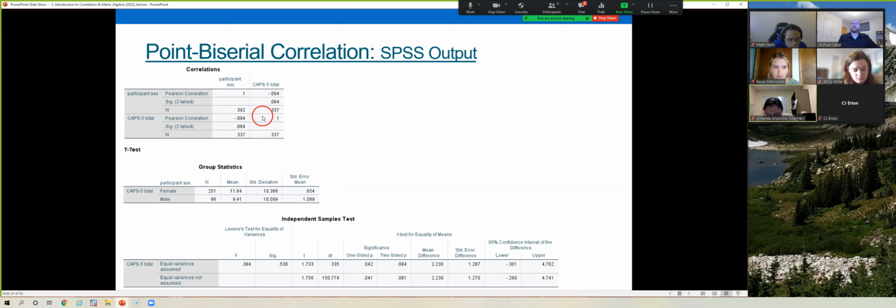Okay, but if I run this as a t-test, looking at mean differences in PTSD across men and women, my p-value for my correlation is 0.084. If I look at my p-value for my t-test, it's 0.084.